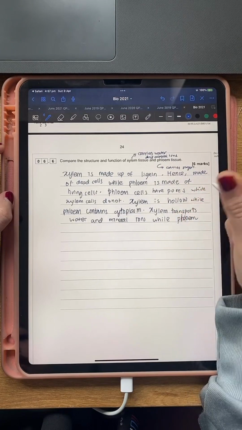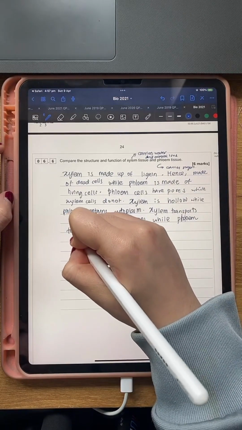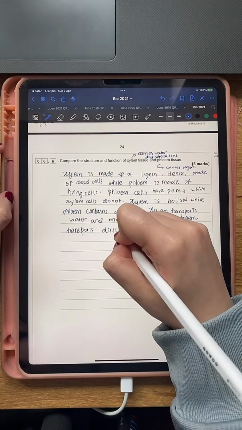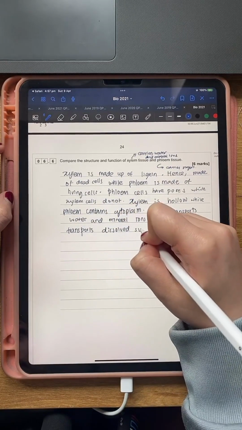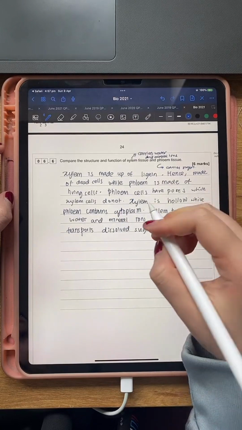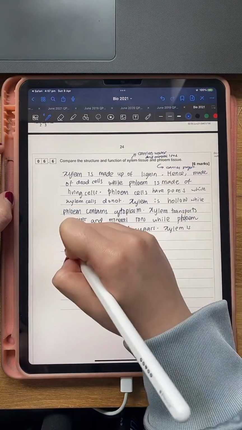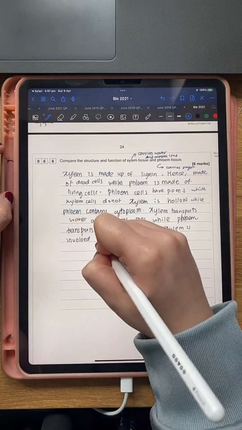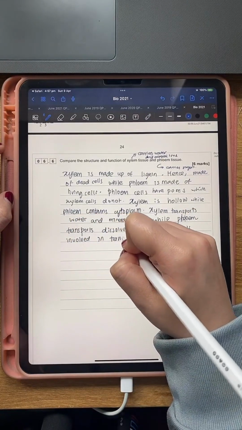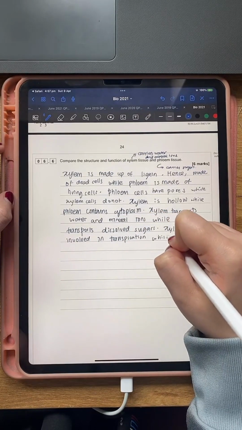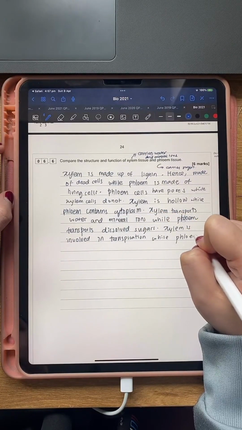Xylem is involved in transpiration, while phloem does not. And my favorite one, xylem transports material in one direction.